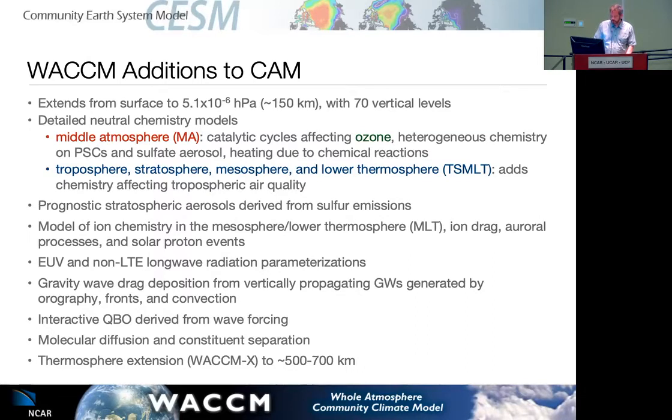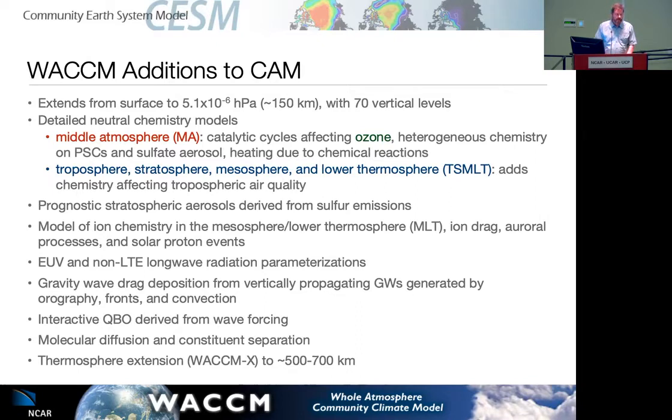We'll talk about the effects of gravity waves, which are vertically propagating waves in the atmosphere from air moving over mountains, over fronts, and over convection, and that affects the whole dynamics of the upper atmosphere.